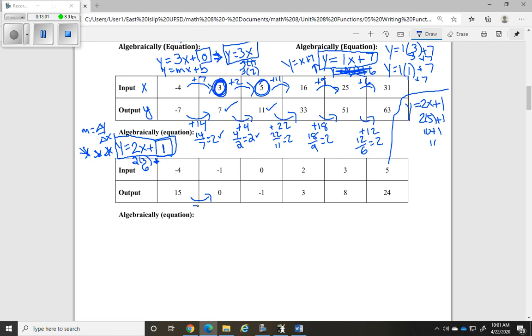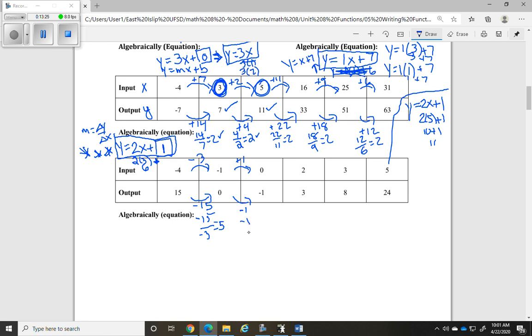So this is going down by 15. Well, this is going down by 3. So negative 15 over negative 3 is a positive 5. This goes down by 1 and up by 1.